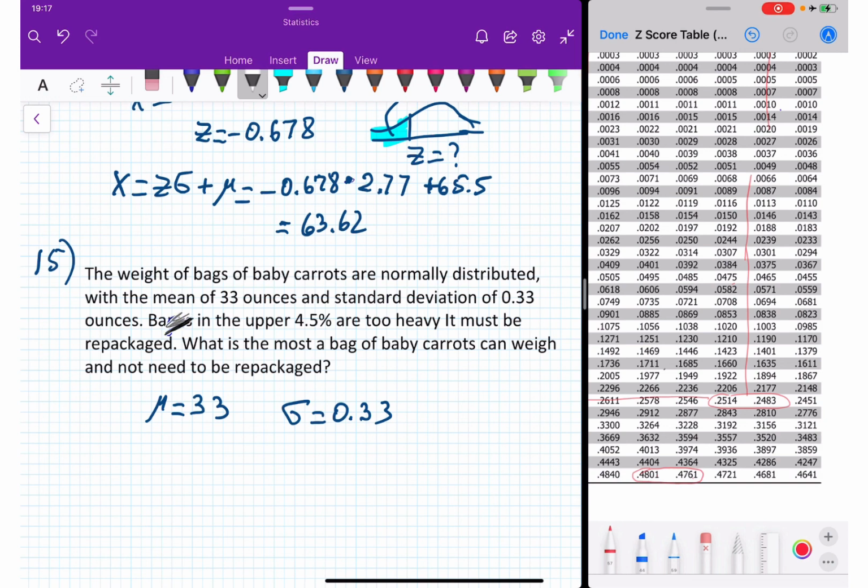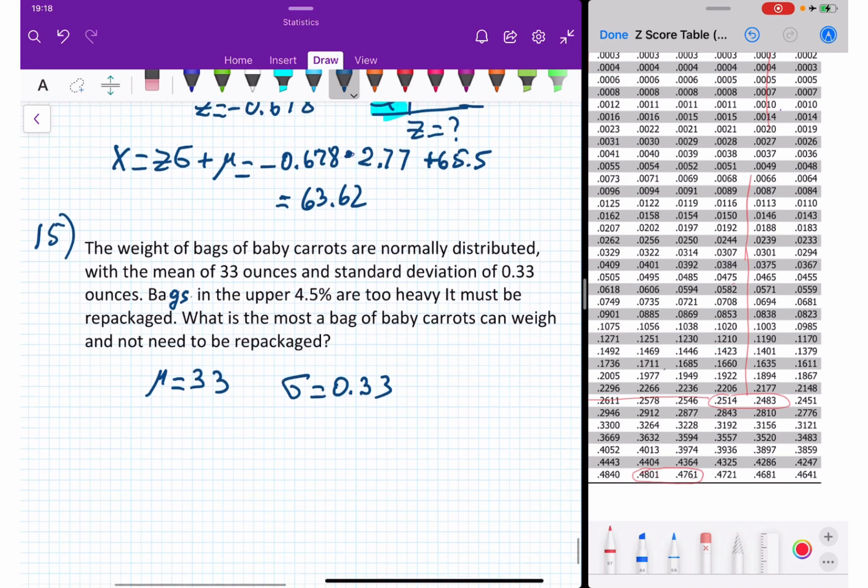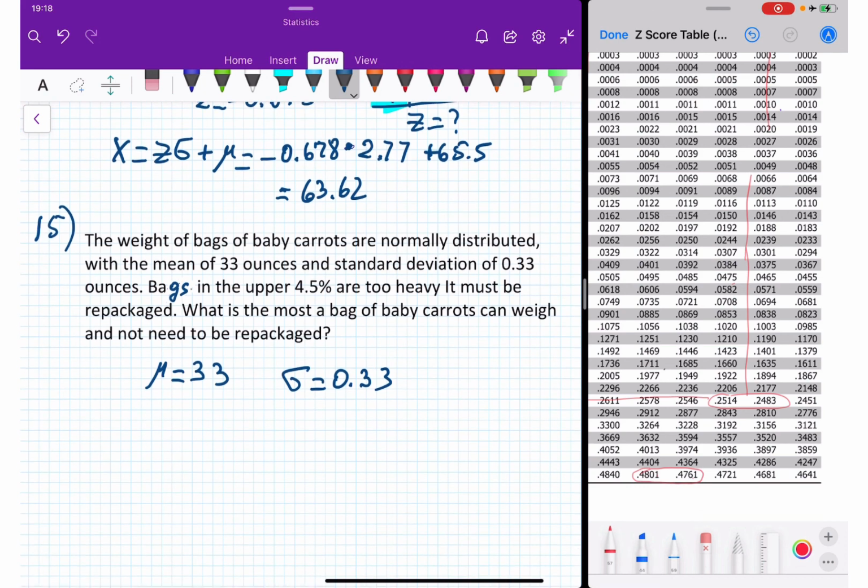Okay. Bags in the upper 4.5% are too heavy and must be repackaged. What is the most a bag of baby carrots can weigh so it doesn't have to be repackaged?